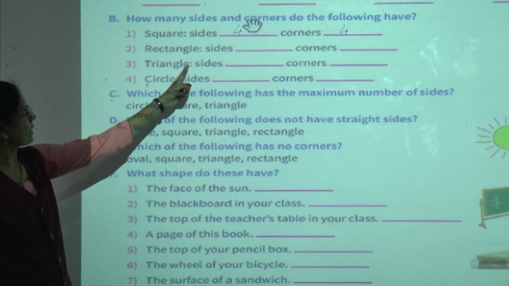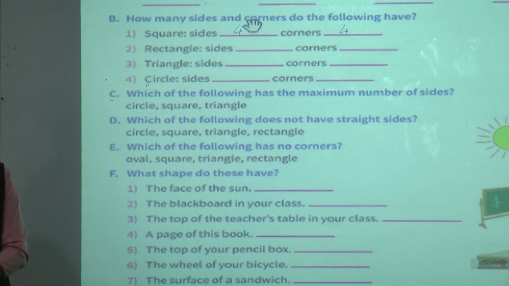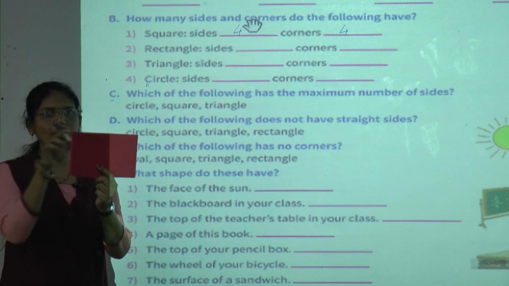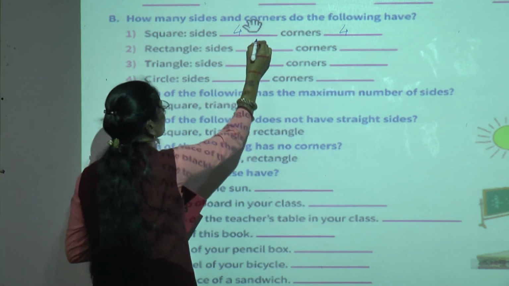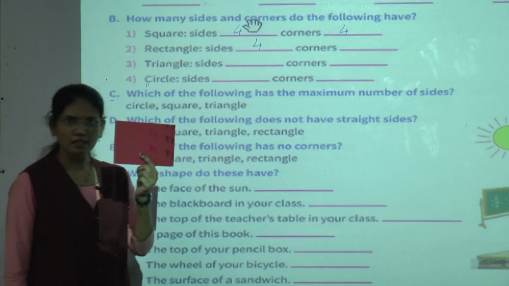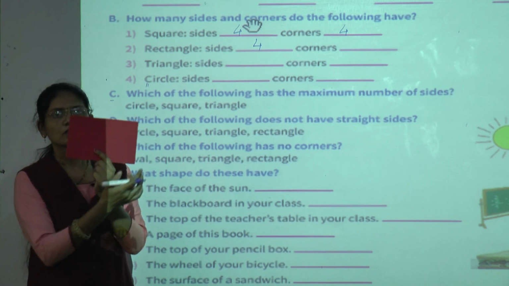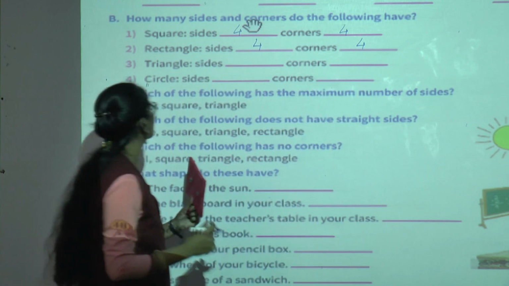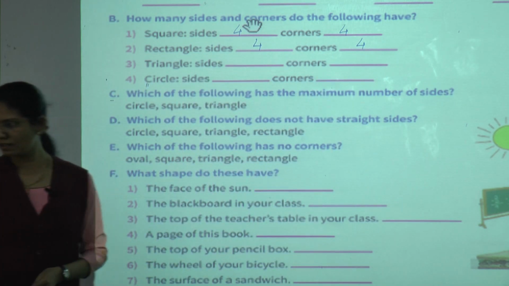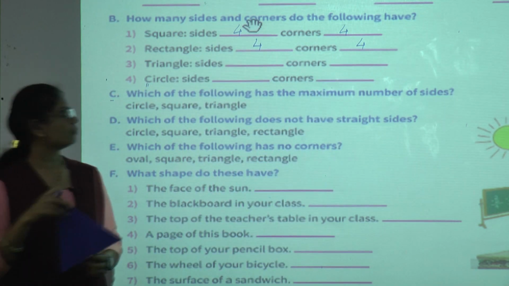Now rectangle. Count how many sides it has. 1, 2, 3, 4. Rectangle also has 4 sides. Corners 1, 2, 3, 4. It has 4 corners.